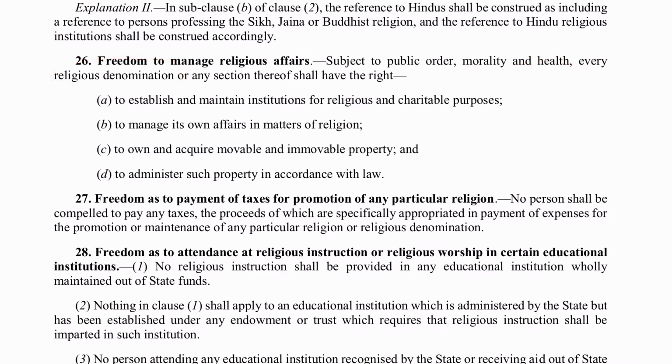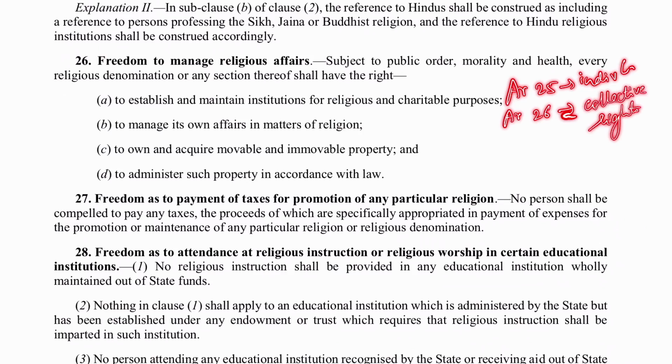So several groups, and the section also refers to the group. So basically you have to remember that article 25 was the individual right given with respect to religion. Article 26 is the collective right given to the groups with respect to religion.